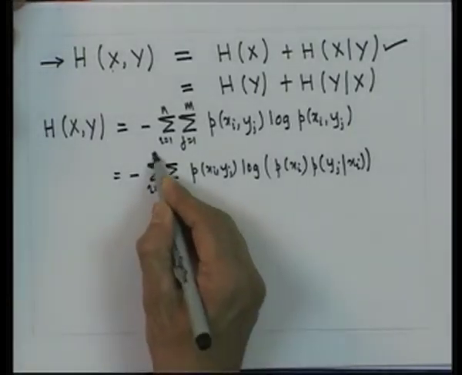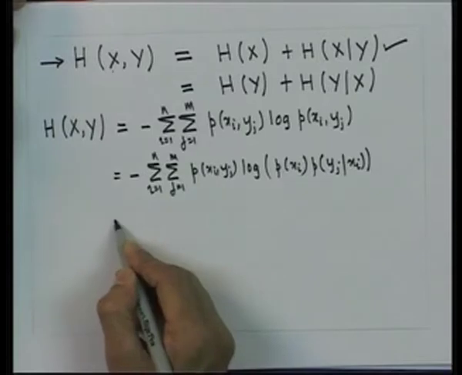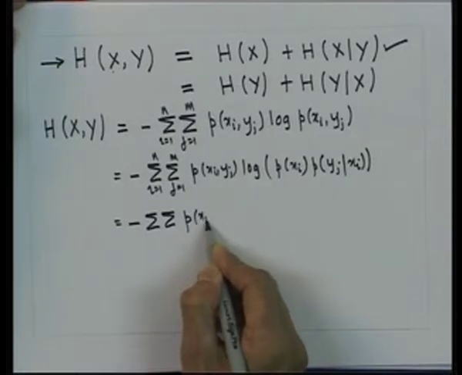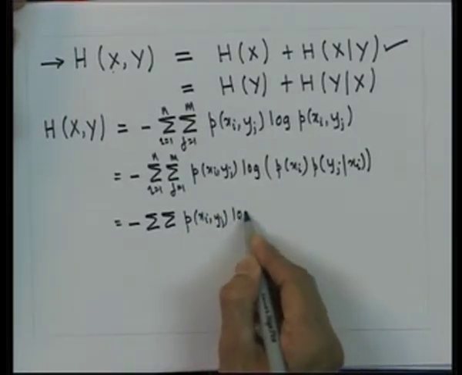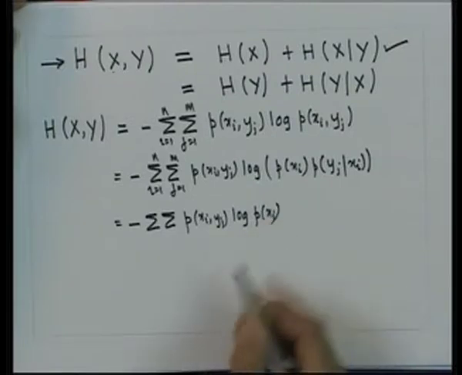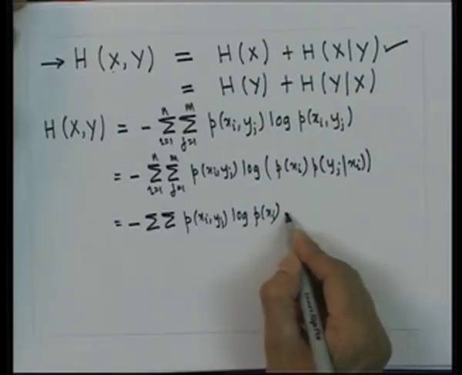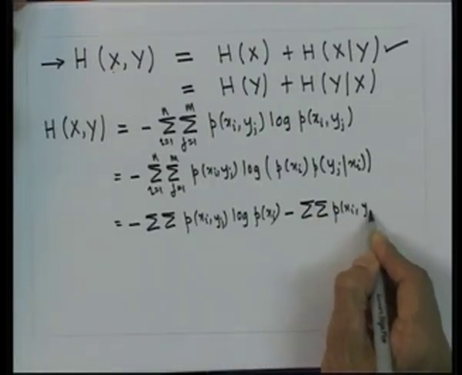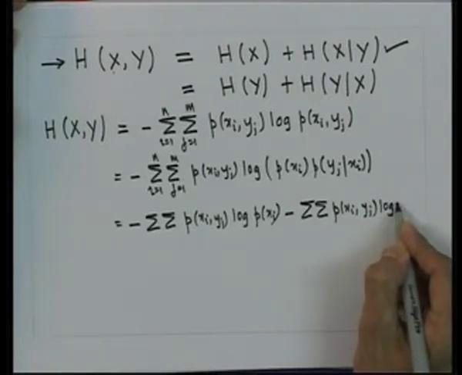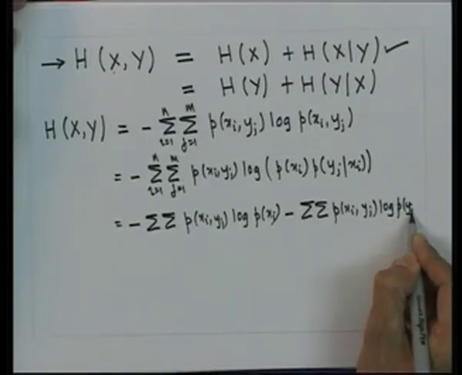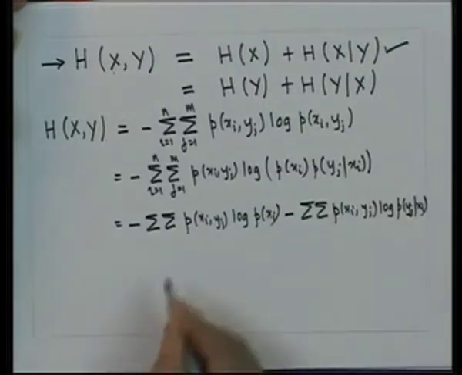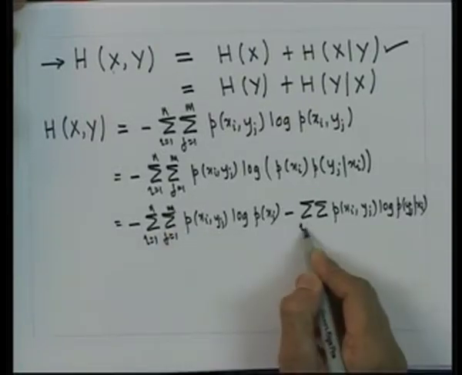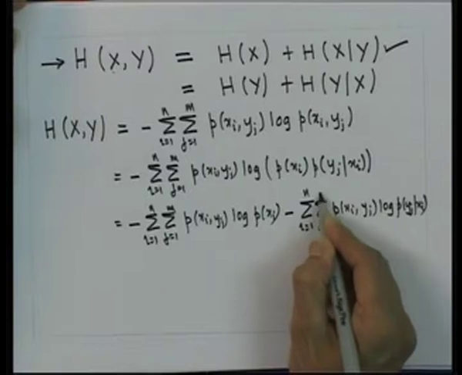So, i is equal to 1 to n, j is equal to 1 to m, and this I can simplify as probability of xi yj log of p of xi minus double summation probability of xi yj log of probability of yj given xi, i is equal to 1 to n, j is equal to 1 to m, and similarly out here.